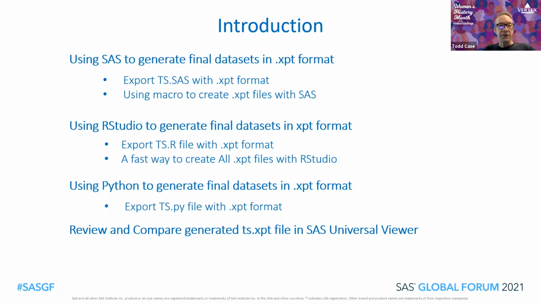First we're going to use SAS, and we're going to export ts.sas with XPT format, and we're going to show you a macro that we use to create all XPT files, for example all XPT files in a specific library or directory with SAS. Then using RStudio to generate final data sets in XPT format. So you'll see a theme here, right? We're going to generate those final data sets in XPT format with all three programming languages. And we're going to show that also with R.